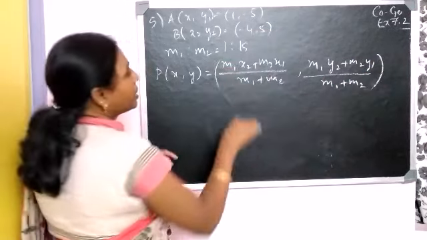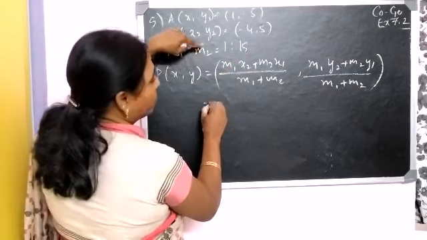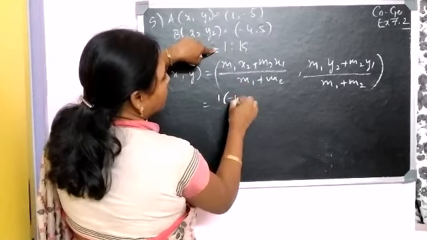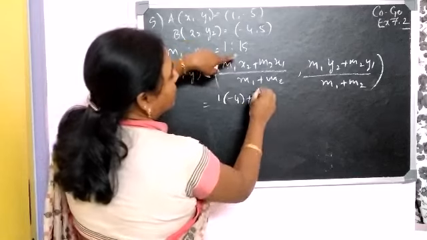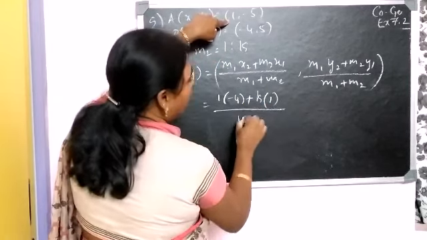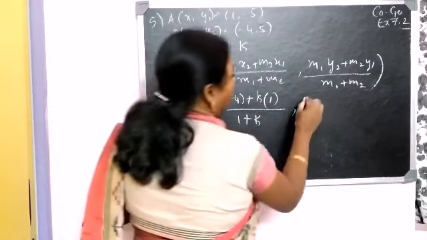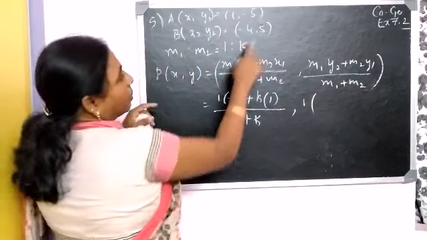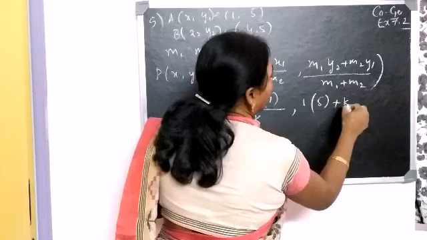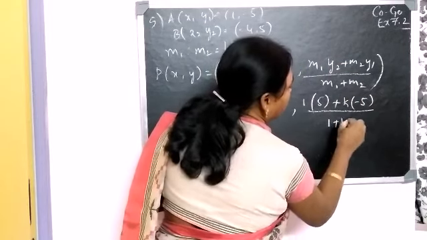Now here m1 is 1 and m2 is k, and let us substitute the values. 1 into x2, here minus 4, plus k into x1, here 1, divided by 1 plus k, comma, again 1 into y2, which is 5, plus k into minus 5, divided by 1 plus k.